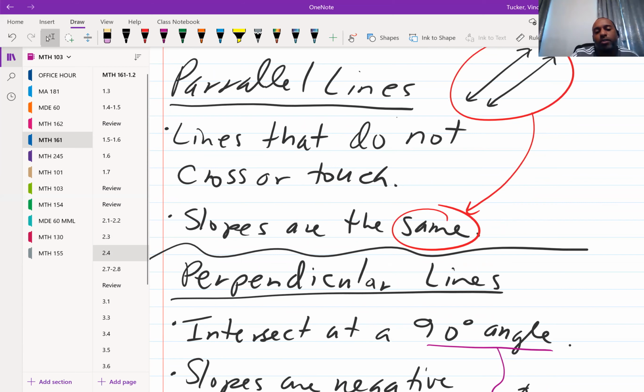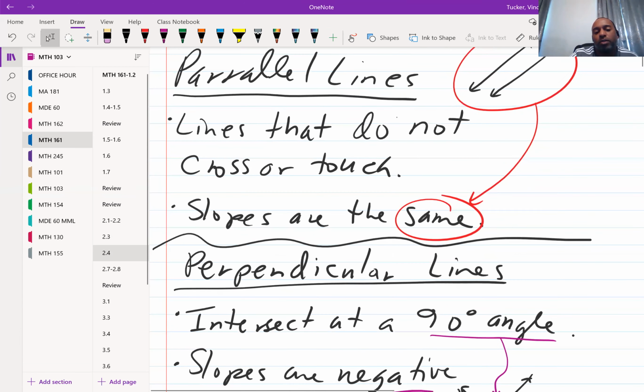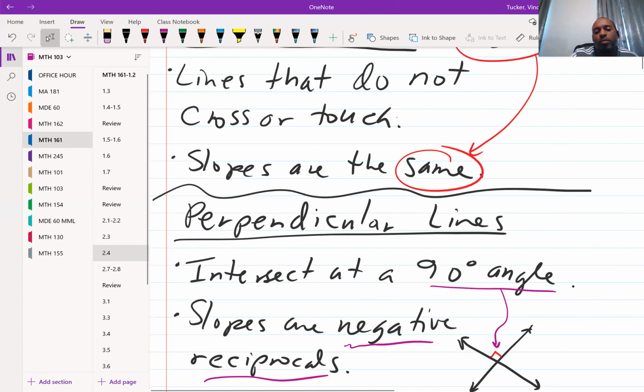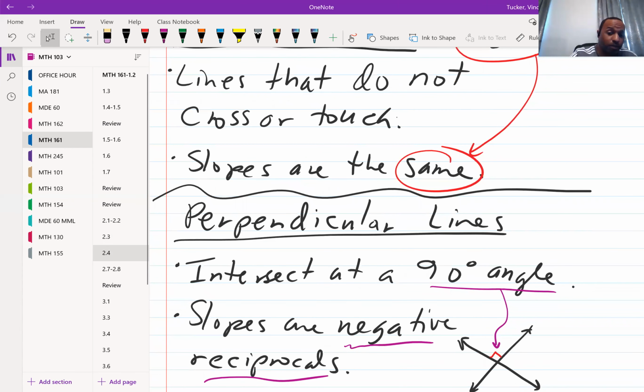Perpendicular lines intersect at a 90-degree angle. So there are two lines that intersect at a 90-degree angle. And their slopes are negative reciprocals of each other. And we'll talk about what that means in a second, just to make sure we're okay.